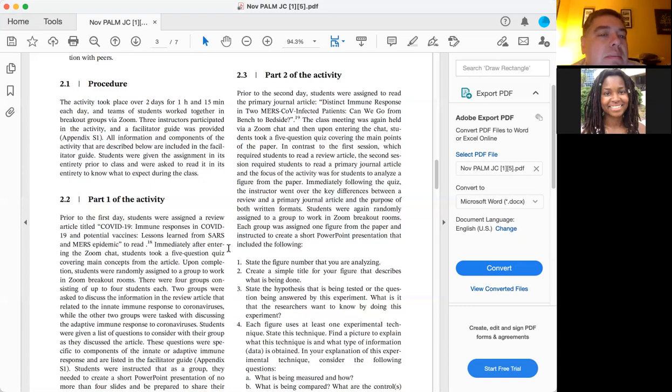Then as we got into the meat of the lecture, I started to present some primary literature. I think the first one I presented was an article that showed the first COVID patient to contract the disease twice, and how they actually showed the different gene expression of the two specimens.